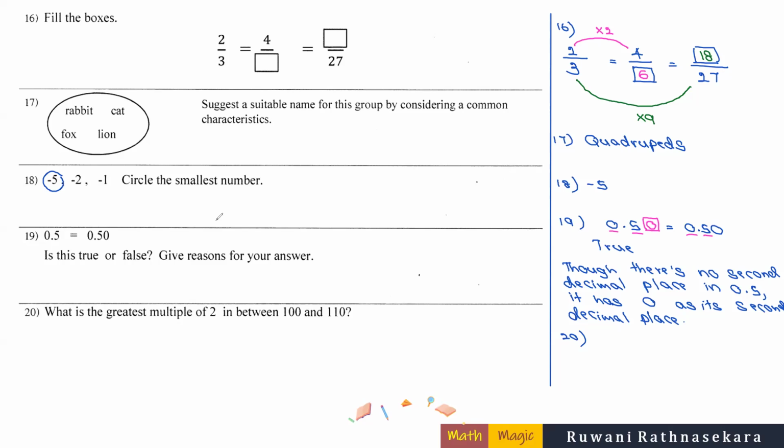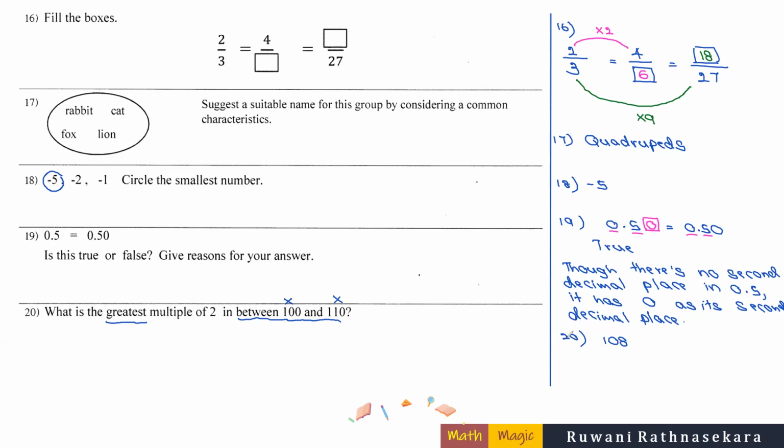Therefore, it's not something difficult for you. The only thing is you have to consider the range given between 100 and 110. The 100 or 110 cannot be considered. Actually, both of them are also multiples of 2, but you have to disregard them. Since it's between, if it should be the greatest, it should be closer to 110, then it's going to be 108.